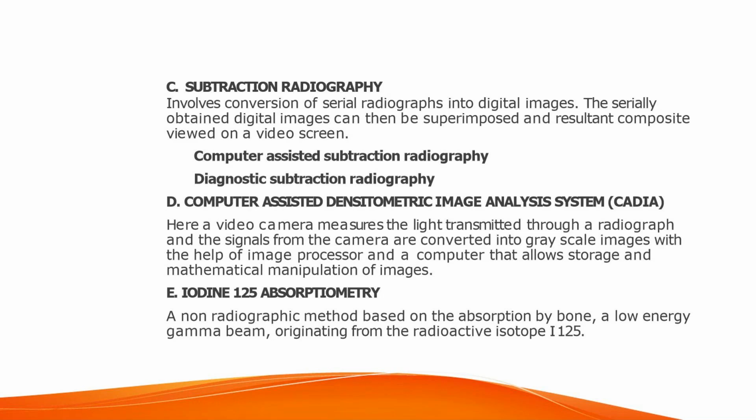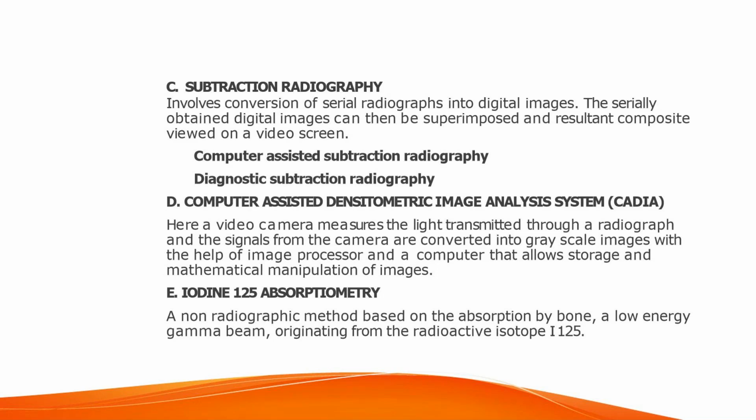Up till now we saw that the different technologies are either attached to a PC or they have certain superimposed images, but here the camera measures the light transmitted through a radiograph, and then the signals from the camera are converted into grayscale images with the help of an image processor. And further, the computer allows mathematical manipulation of the images and storage of them. So this way the CADIA system is useful for us.